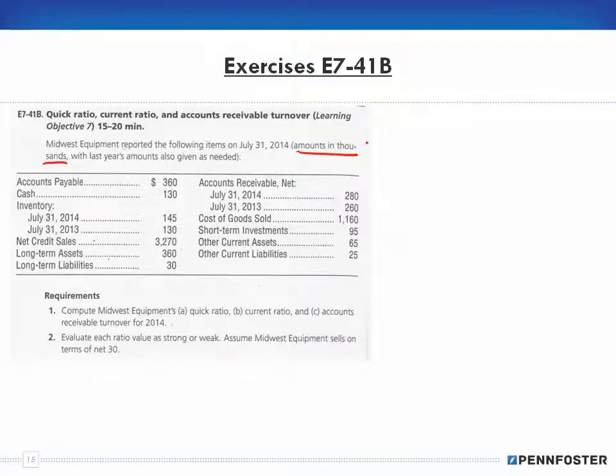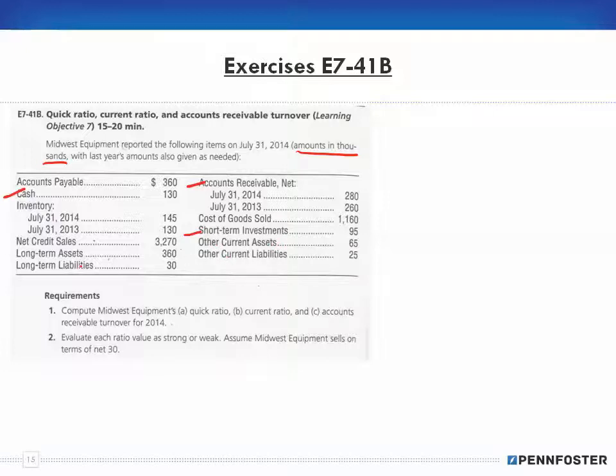So our quick ratio, in this case, what do we have for quick ratio? We have cash, accounts receivable, short-term investments, and other current assets.